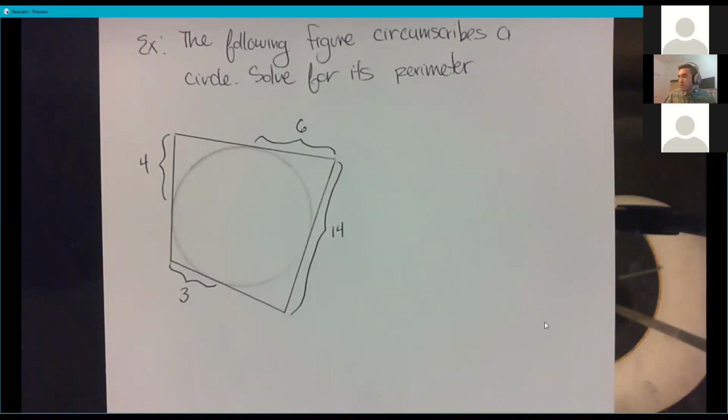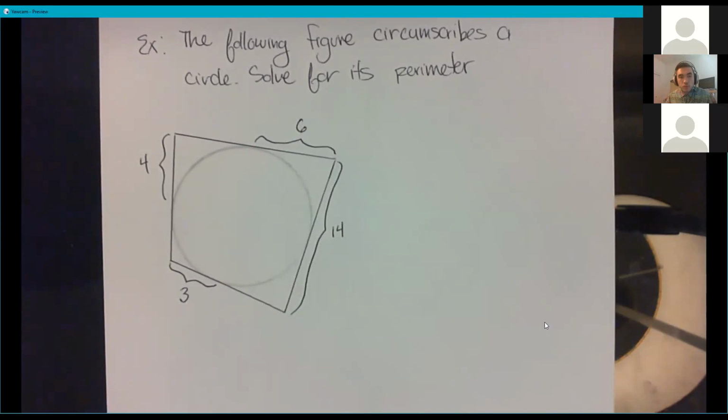I'm going to start off with the given information here just being in black, and all of the additional data that we solve for will be in purple. How can we use the information that we just learned? When two tangents intersect on the outside of a circle, their lengths from the point of contact to the point of intersection are congruent.